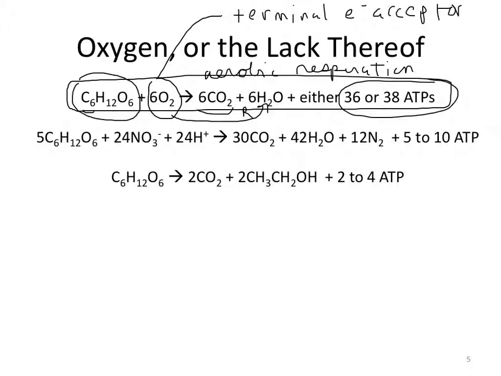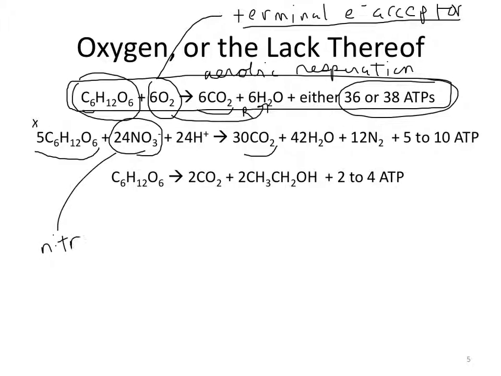Now, in the microbial world, there are many more possibilities with regards to what one can use as a terminal electron acceptor. So for example, this second equation shows the oxidation of glucose to CO2 using nitrate as the terminal electron acceptor.